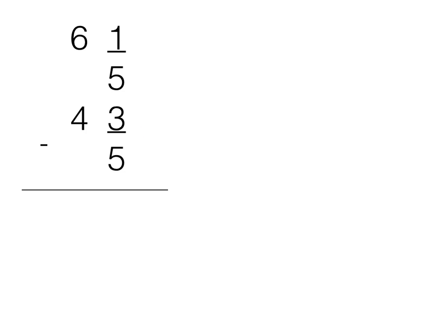So if you remember, when I do regroup, I'm going to take a whole from this 6. So this 6 would then become 5. If I take a whole from here, I do have to add 1 to the fraction. So I need to add a fraction that's equal to 1 with a denominator of 5. This would be 5/5.